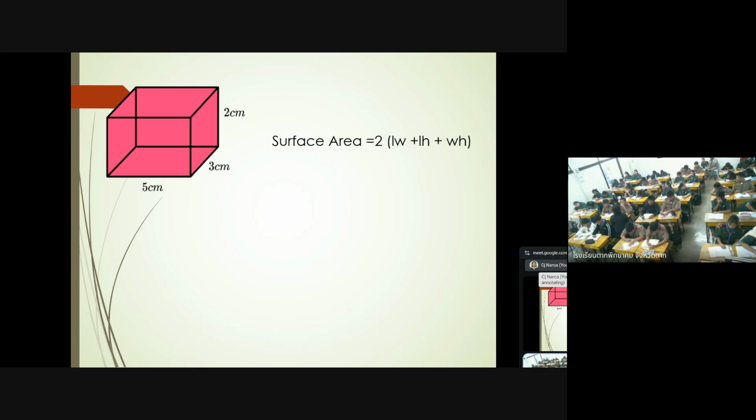Then you can substitute all of the values and you can get the surface area. No need to draw. Let me see if you can try to answer.